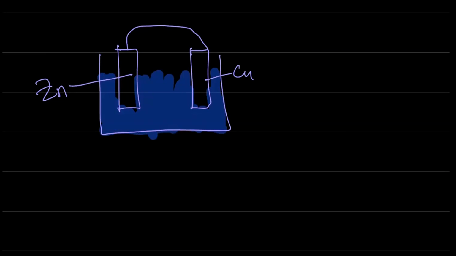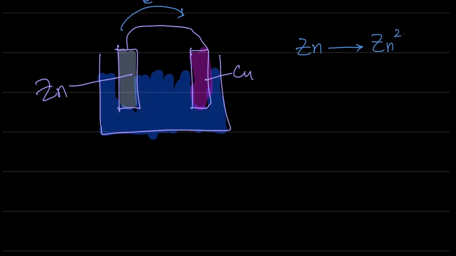Now what will happen is that this zinc, the gray solid, and this is the pink solid. So zinc, because it's more reactive, it will give electrons to copper. And it will dissolve.